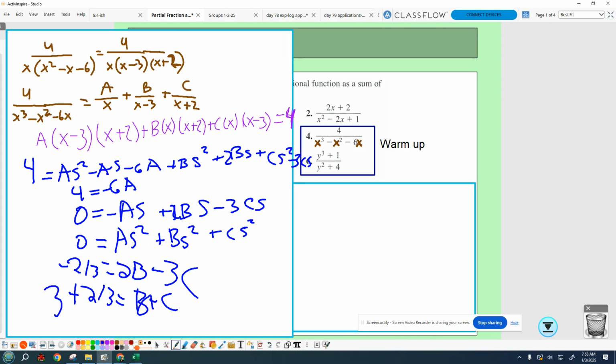Okay, so what'd you get? This is equal to 5B. All right, so going by systems, this one is complicated. I agree, A comes out quick and easy. A is negative 2/3.